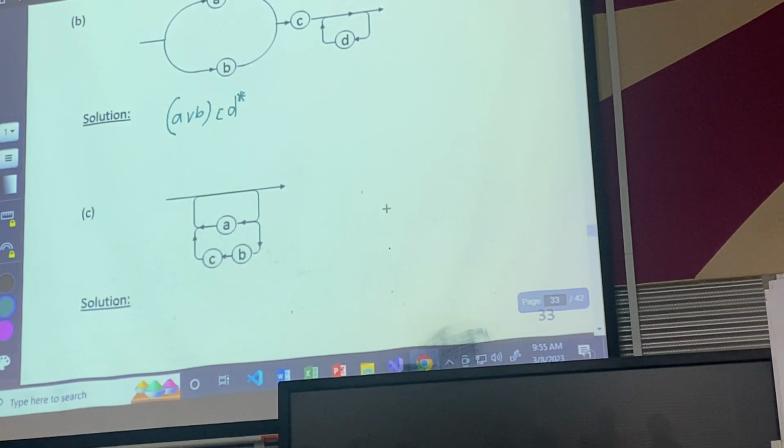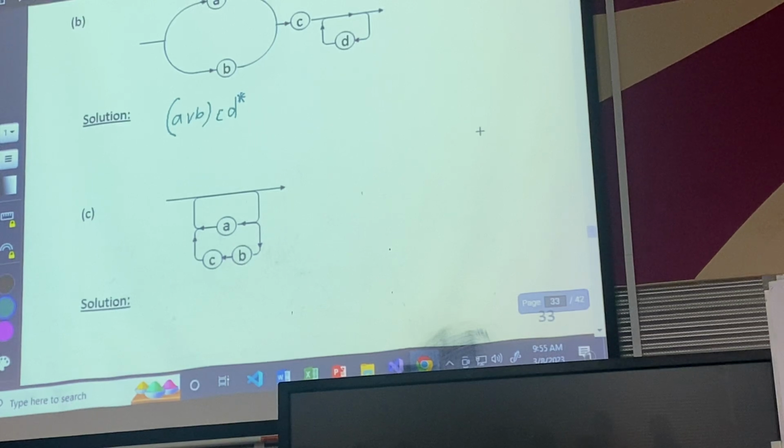A asterisk, bracket CD asterisk. A asterisk. Yeah, A asterisk, then BC inside the bracket, the whole thing is asterisk. BC asterisk, like this.